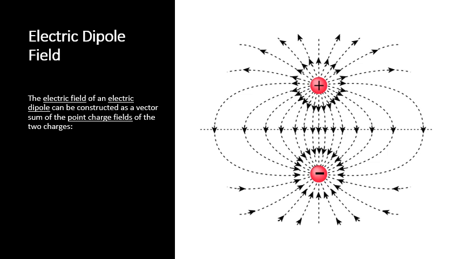Field lines start from the positive and move to the negative, like this. As you move away from the axial line, you will observe curvature, and also the field lines become further and further apart, which shows that the electric field decreases as you move away.